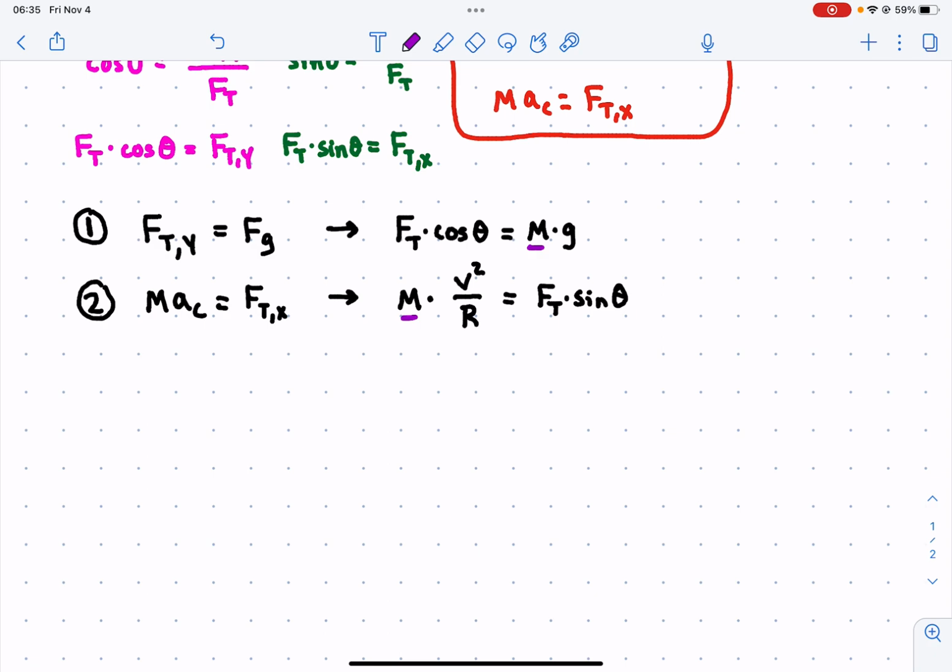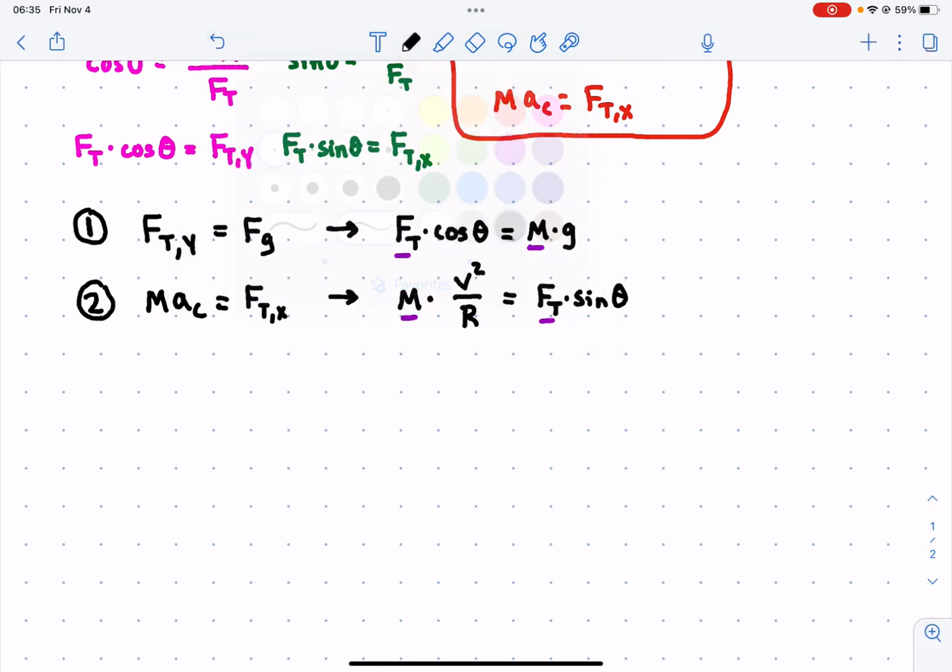The other variable that it has in common is F_T. Well, using just a meter stick, I have no idea how you're going to measure F_T. So in solving for this system of equations, let's go ahead and make both equations equal to F_T, and then we can solve from there. So I'm going to go ahead and pause. If you want to do that by yourself, this would be a great time to move off on your own, and I'll give you that chance.